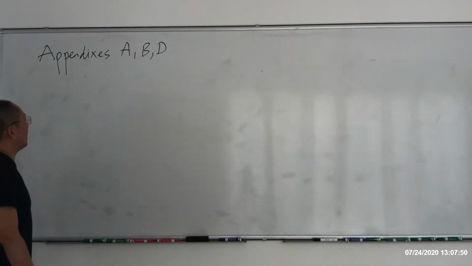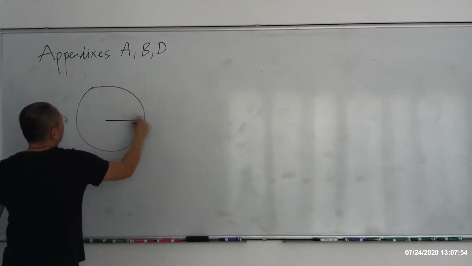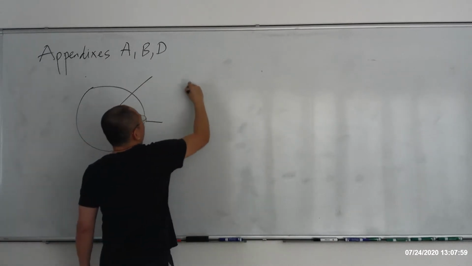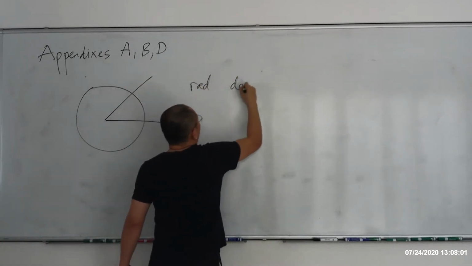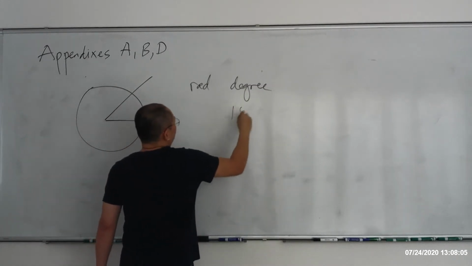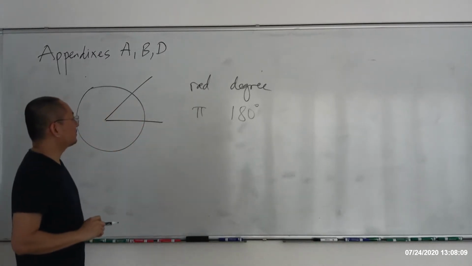So, to measure an angle, first of all, circle, or any angle. To measure an angle, we use two types of measurement, radian or degree, okay? Radian, degrees, like 180 degrees is equivalent to pi. Okay.